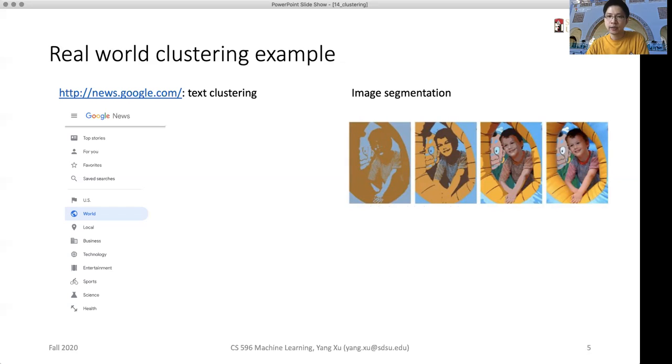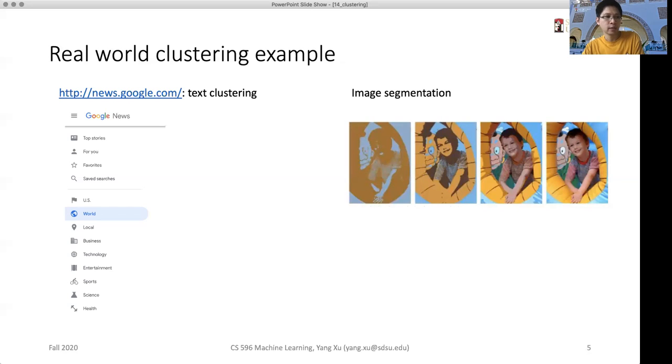So the pixel points that are of similar colors will be aggregated into the same clusters automatically by the algorithm. And this is kind of similar to the object detection algorithms that are popular nowadays.